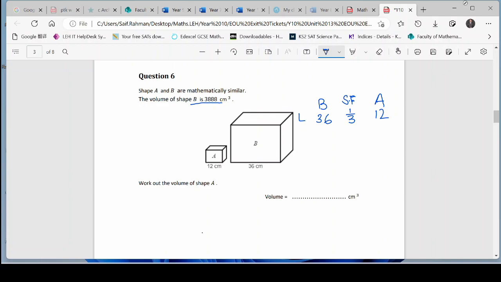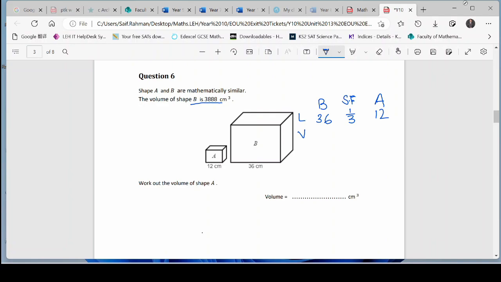So if the length of A is 12, then B is 36. So B is 3 times bigger than A, and A is 3 times smaller than B. So it's the same thing.